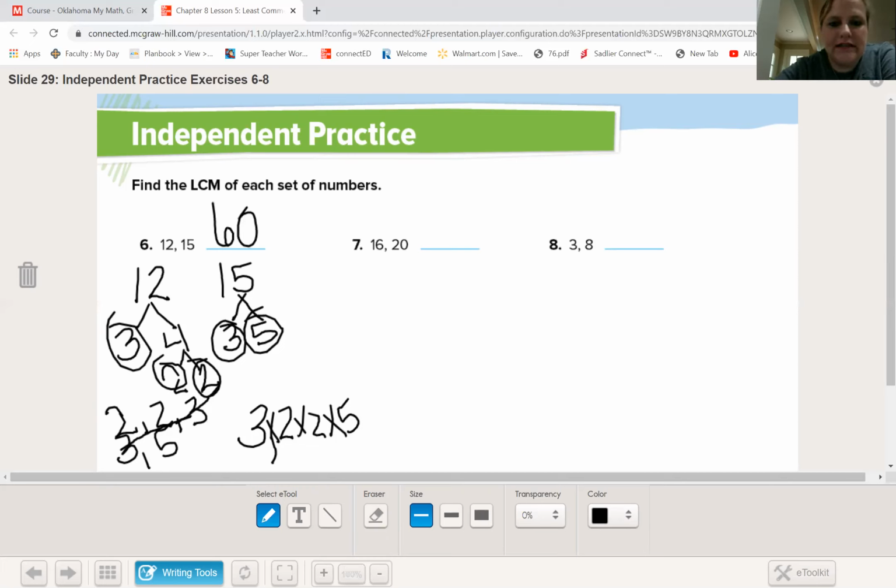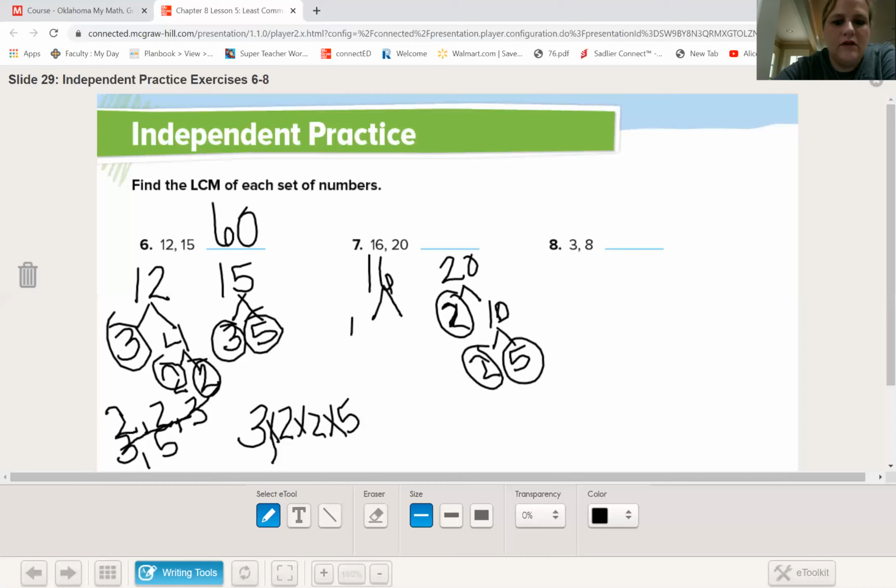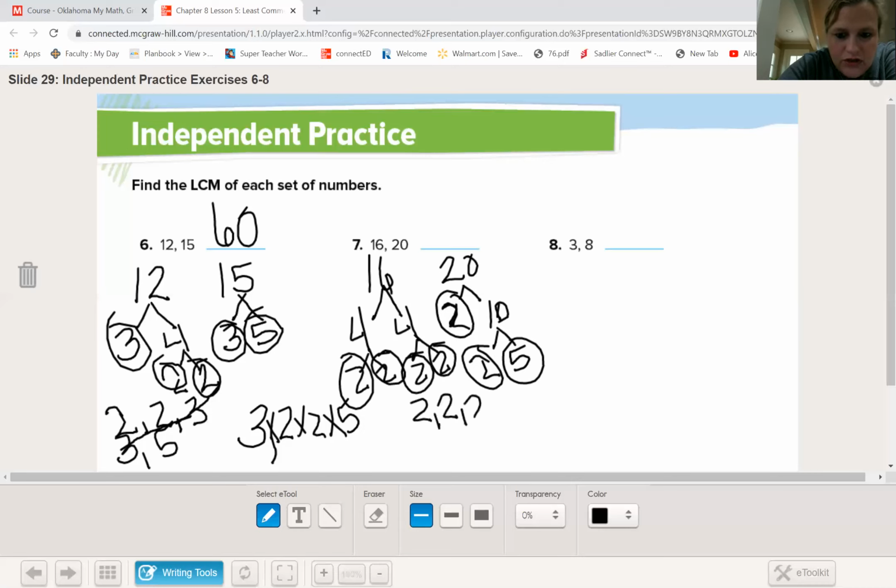Okay, let's look at 16 and 20. 2 and 10. 2 and 5. 4 and 4. 2 and 2. So this is 2, 2, 2, 2 for 16.